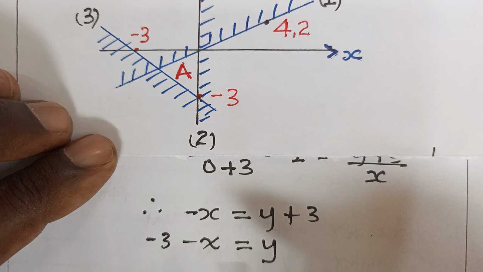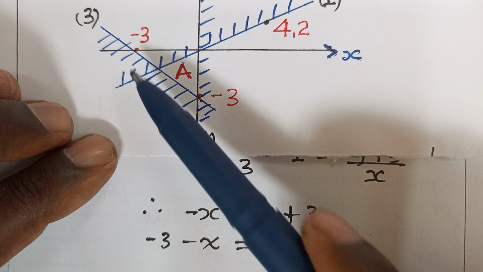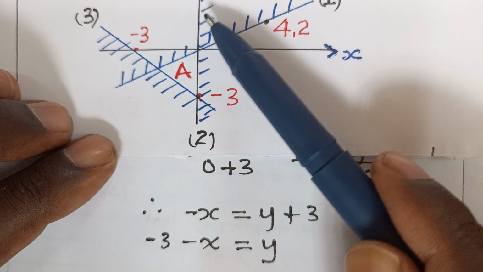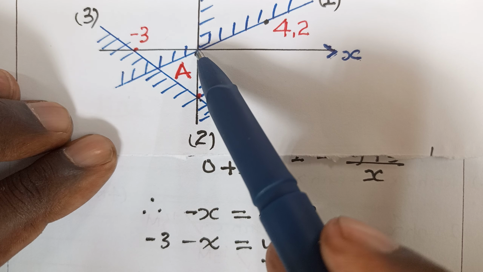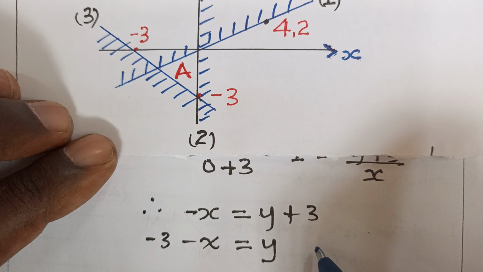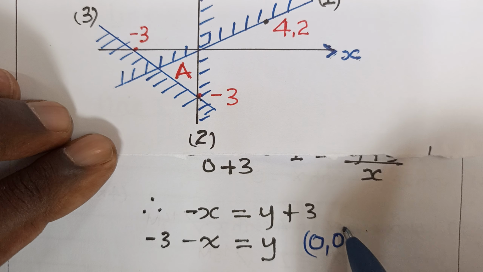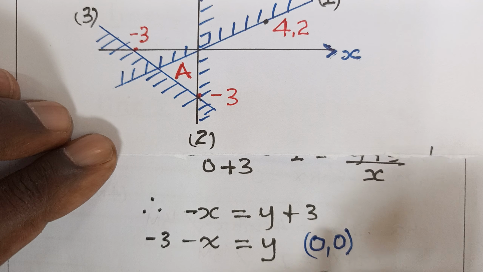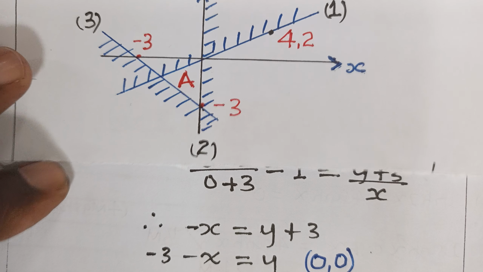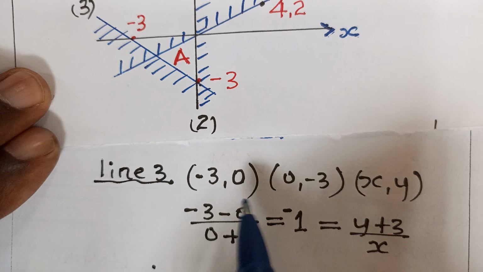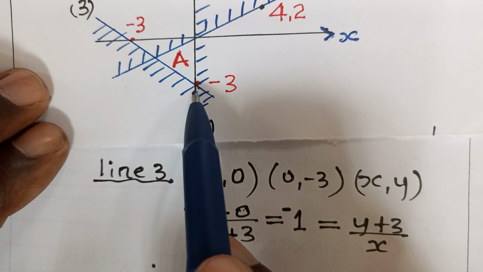Looking at this line we have here, the unwanted region is on this side, and the wanted region is on this other side. And so we can choose a point like (0, 0). If we put 0 into this equation, that gives us negative 3.